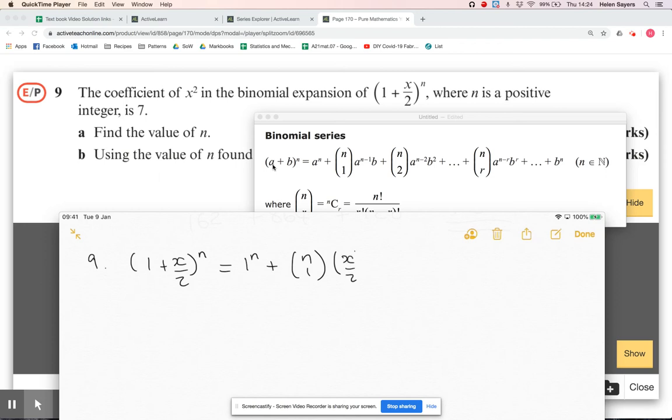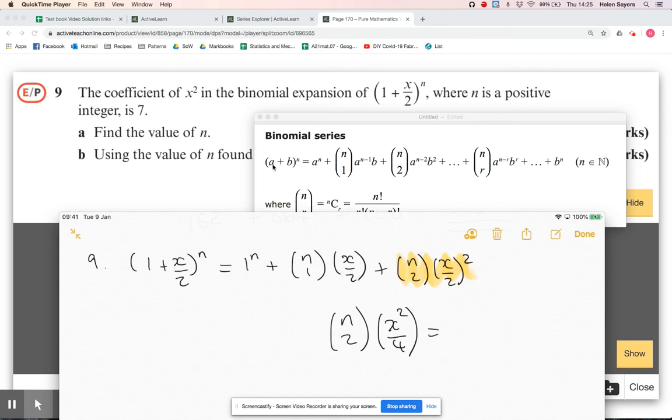And then that's b. So the term we're interested in is going to be n choose 2, and then x over 2 squared. That's the power I'm interested in. So that is going to end up as n choose 2, and then times x squared over 4 if I square those brackets out.